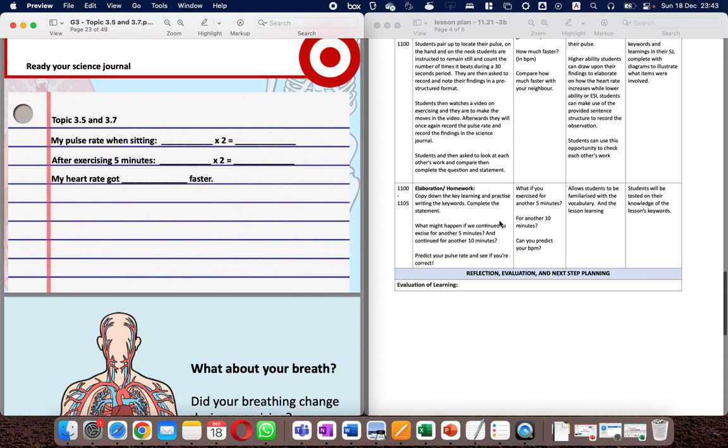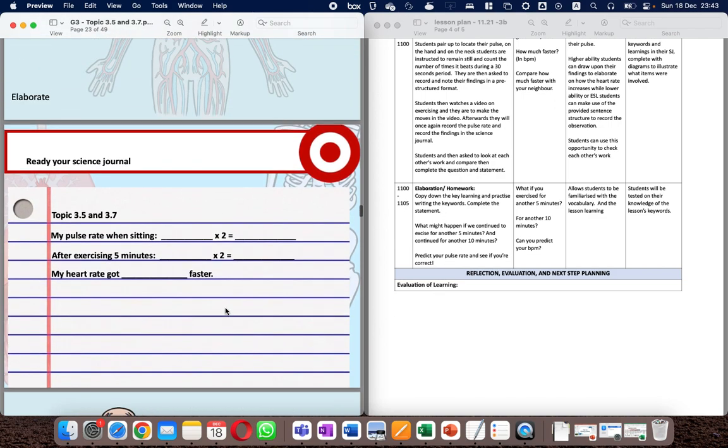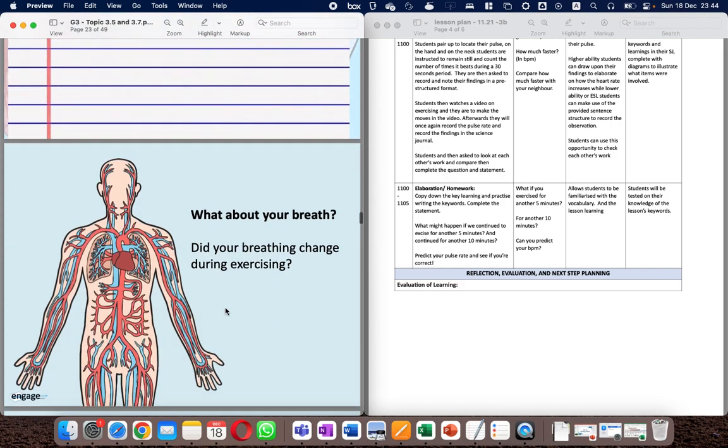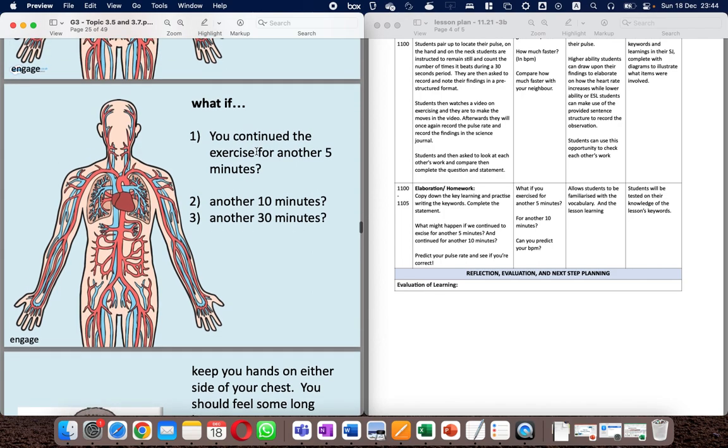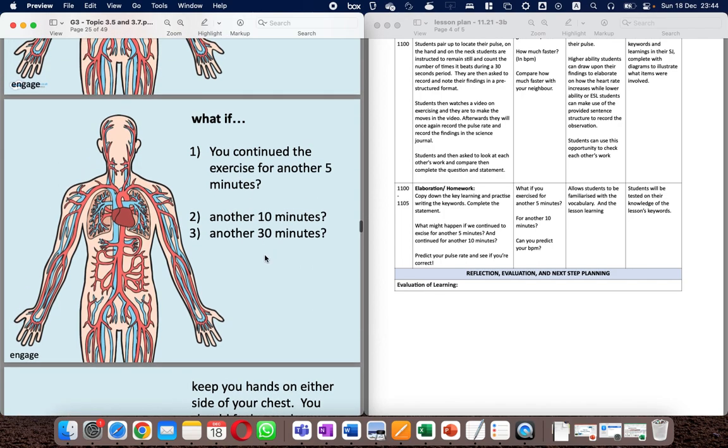And at this point, students should look at each other's work and complete a statement and help each other. It's really important. By this point, students should try to elaborate. So there's some elaboration. What would happen if we continued exercise for another 5 minutes, or another 10 minutes, or another 30 minutes?